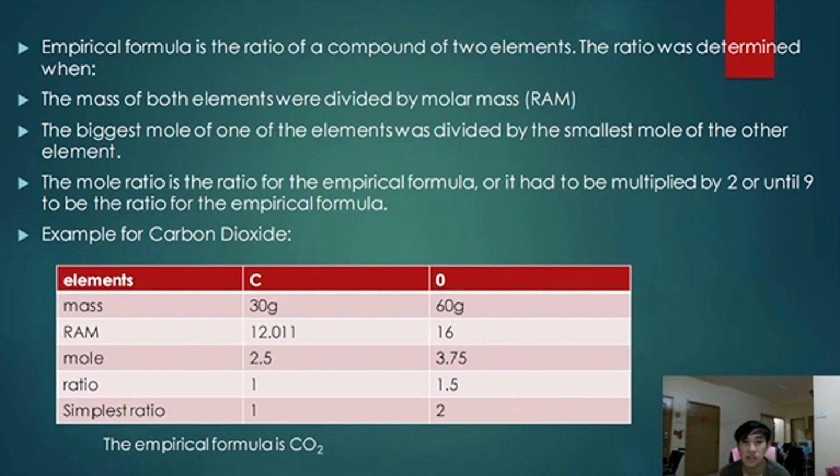The mole ratio is the ratio for the empirical formula, and it has to be multiplied until it is in its simplified form and not in improper fractions. For example, shown down here, carbon dioxide, which, as you can see, after all the calculations, becomes CO2.